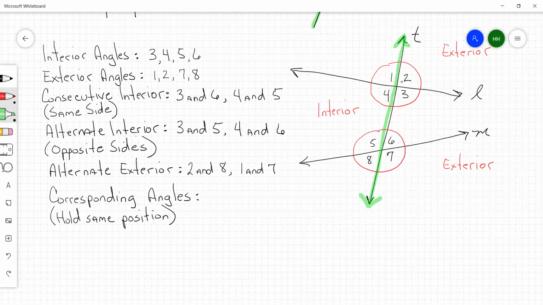Corresponding angles hold the same position in their respective groups. So angle 1 corresponds to angle 5. They're both in the upper left position of their group of angles.